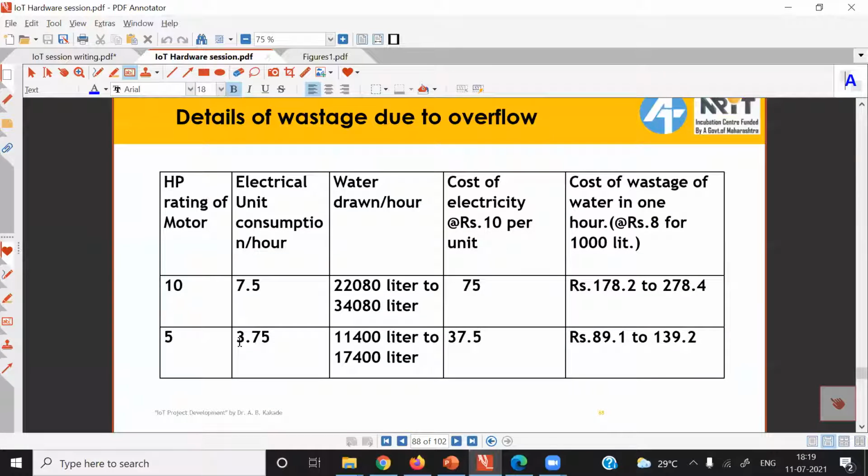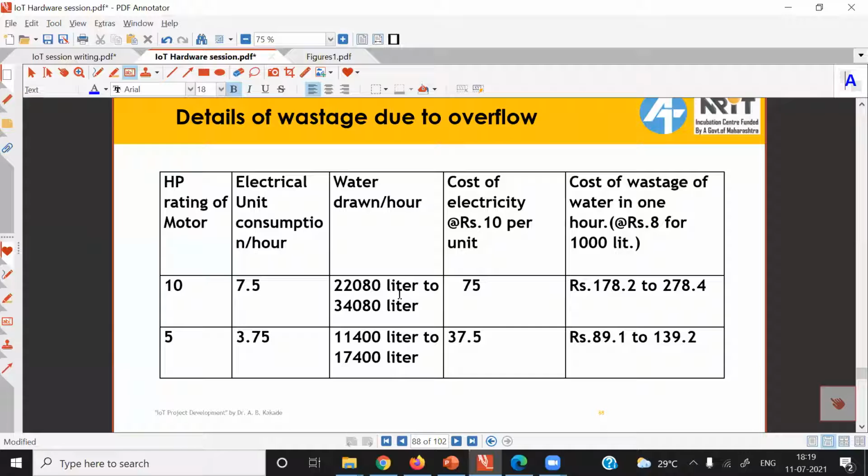Let us look at this table. This table shows wastage of water due to overflow. Say for example, if a 10 horsepower motor is used for pumping the water into the overhead water tank, then depending upon the distance between the motor pump and the overhead water tank, the discharge rate of the water will change. That's why I have shown variation here. So water drawn per hour is around 22,000 liters to 34,000 liters.